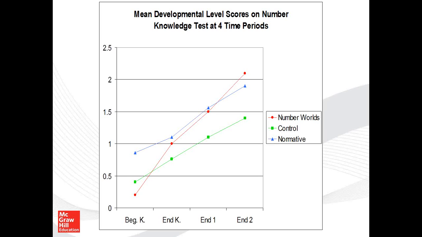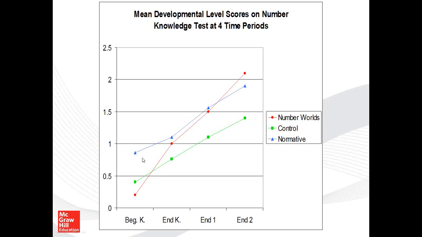At the end of first grade, they're more than a year below. And at the end of second grade, even a little bit more. I've done this Number Worlds test way on up through high school, and this gap between your average student and the at-risk students actually increases as schooling progresses. Many, many research studies show that same set of findings.